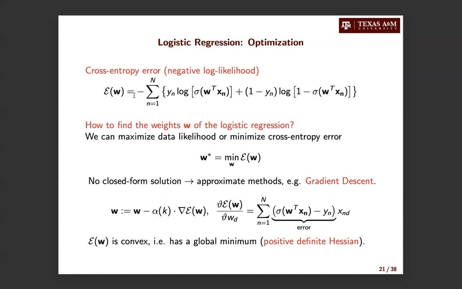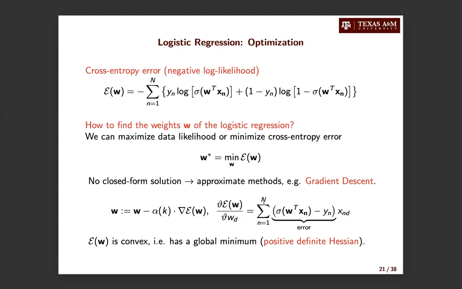So all we need to do is find the first order derivative of this cross-entropy error and just plug this first order derivative into the gradient descent update. And then we can find the weights of our logistic regression model by iteratively updating this weight based on the first order derivative of the cross-entropy error.